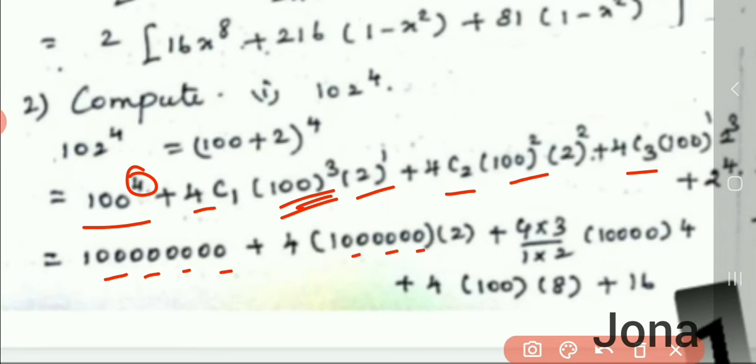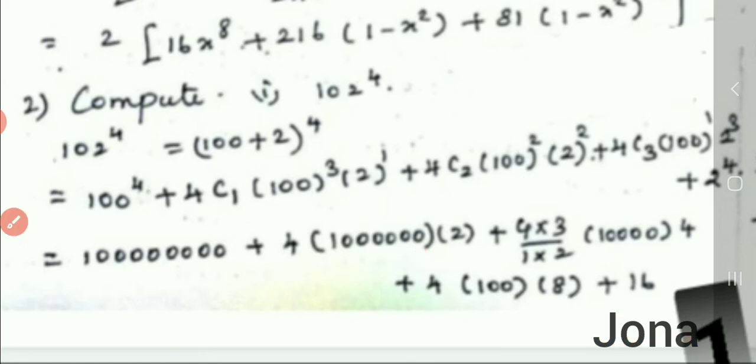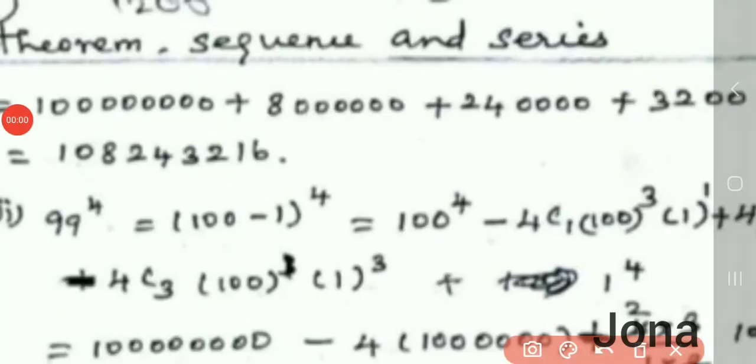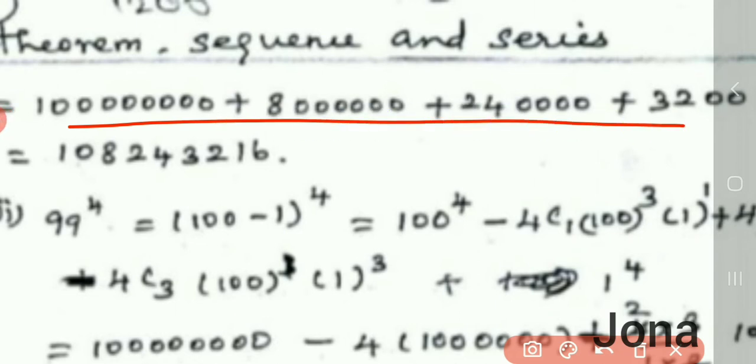Then 4C1 is 4, and 4C2 is 4 into 3 divided by 2 into 1. 100² is 2 pairs of zeros into 4, plus 4C3 is nothing but 4 only into 100. 2³ is 8, plus 2⁴ is 16 here. So, if I simplify this, we have to get the answer like this.